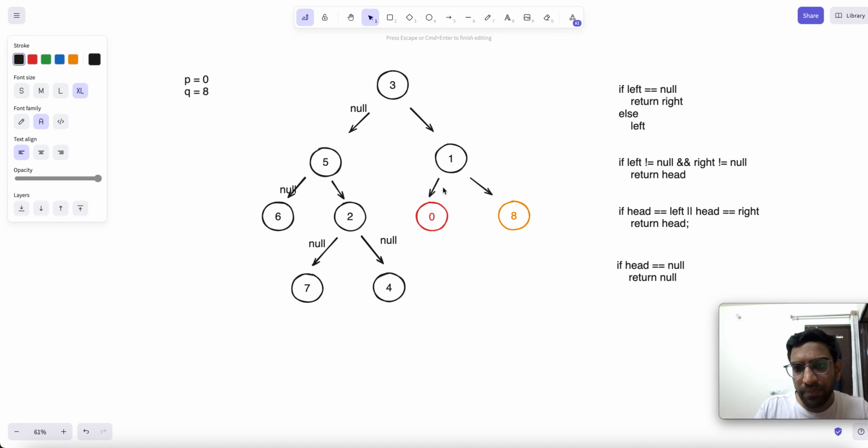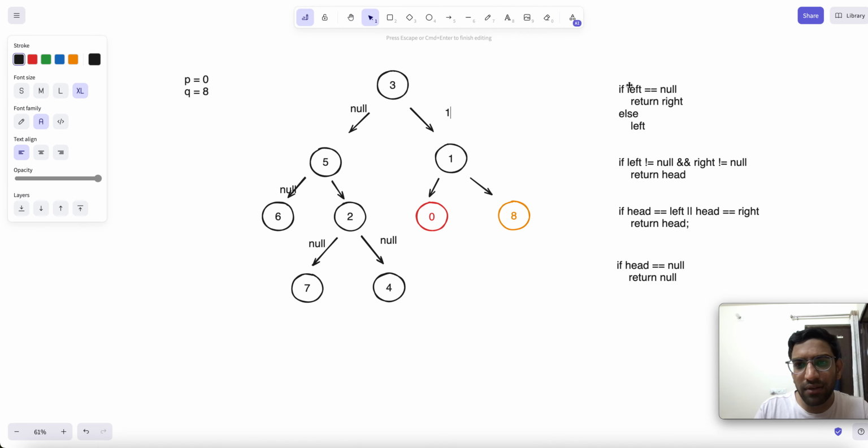But for this one, if our left side is not equal to null and our right side is not equal to null, it means we found our P and Q. So for any root, if the left side and right side are not equal to null, it means the root will be our ancestor. So we will return the head here. We will return 1, and our 1 will be the answer. I hope you get this second condition.